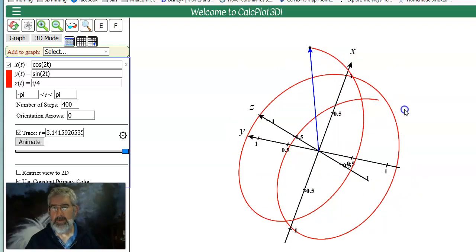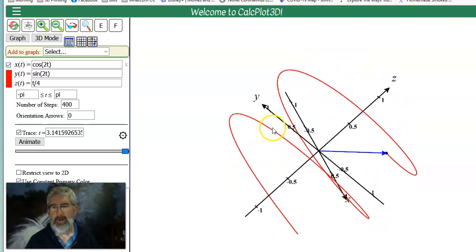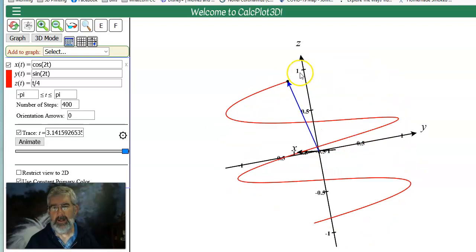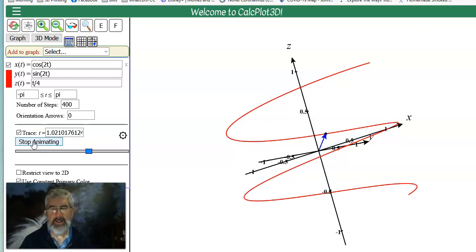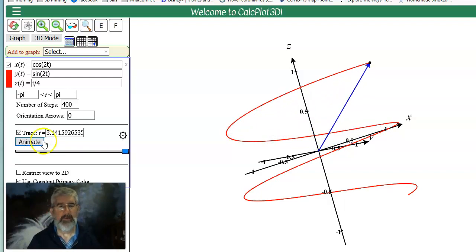There is something about the way this system handles that I can't quite maneuver it the way I want to. Anyway, as I animate it now, you can see that this is just tracing out that curve, but that curve is now, from minus pi to pi, it does 2 cycles, right?